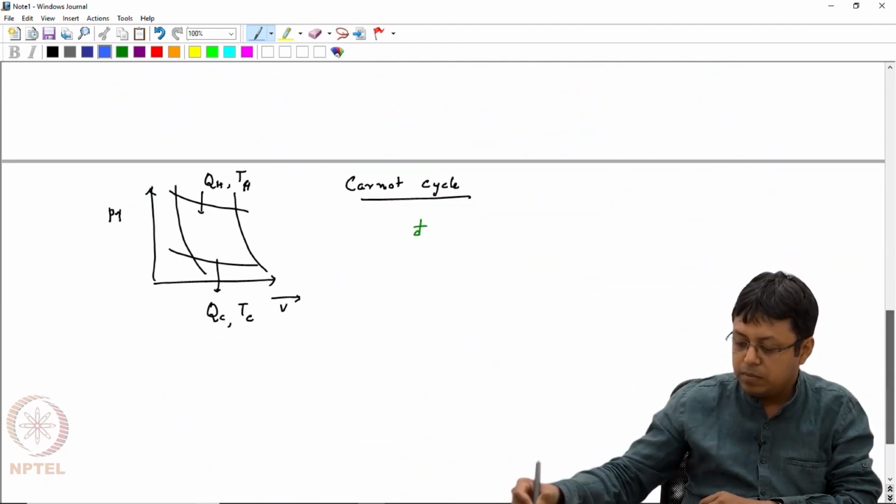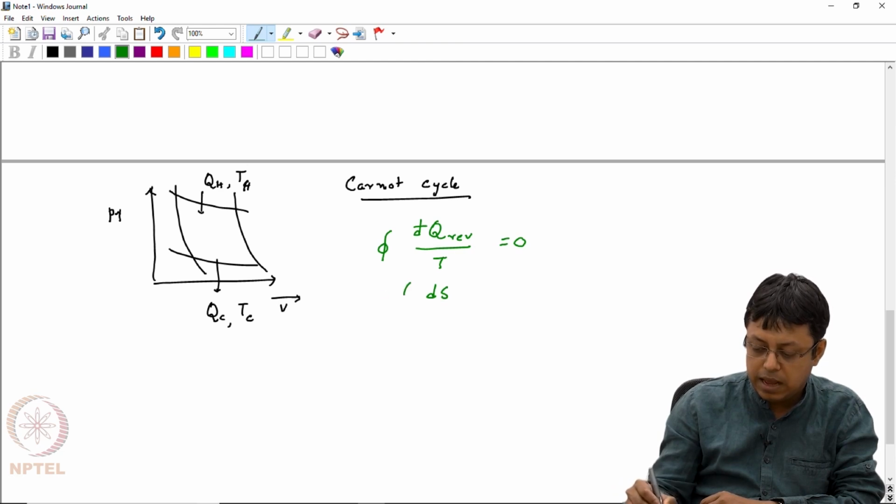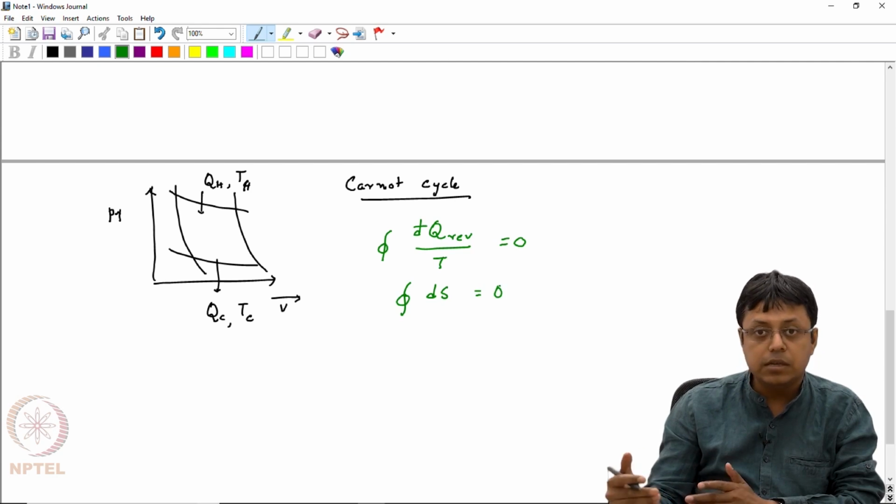From the second law, from the Carnot cycle, we figured out that the cyclic integral of d cross q reversible by T is 0. And that quantity we named as dS, where S is entropy of the system, which was defined as the reversible heat change at constant temperature.